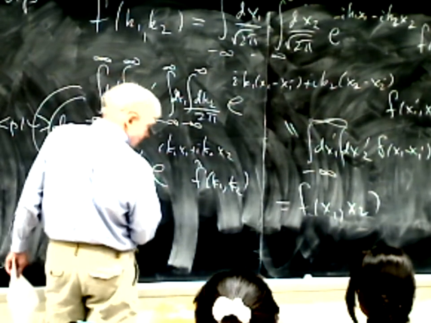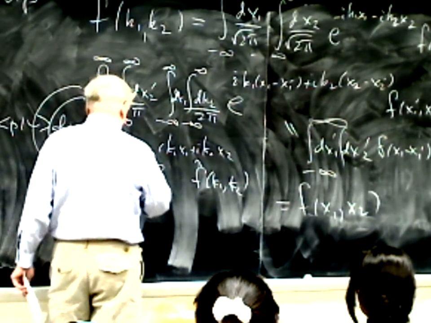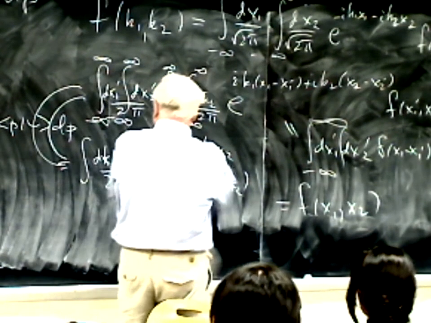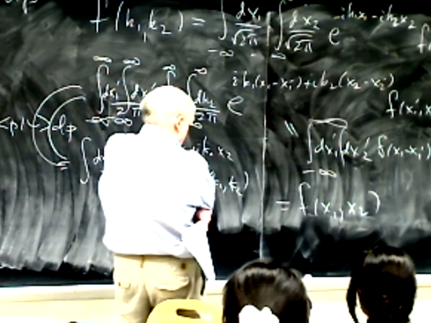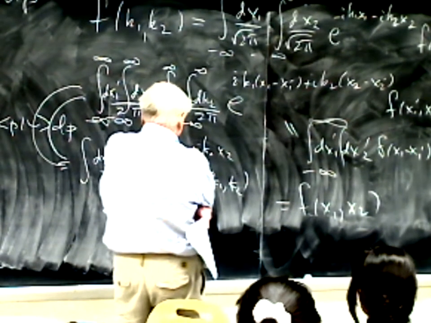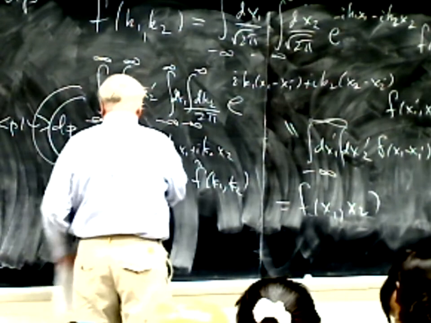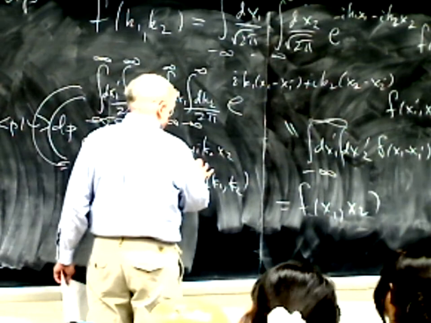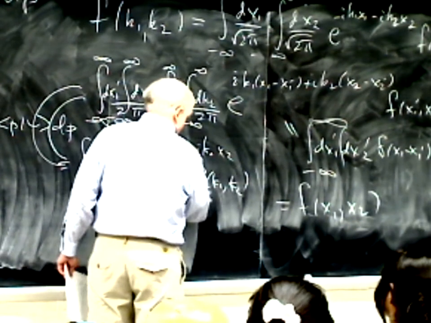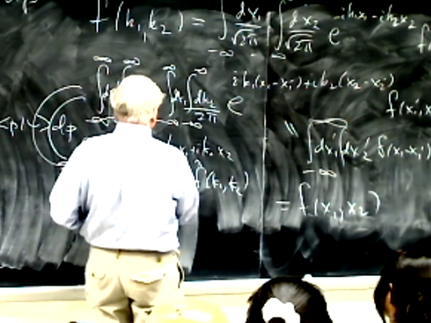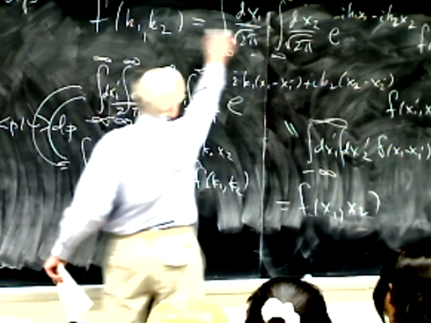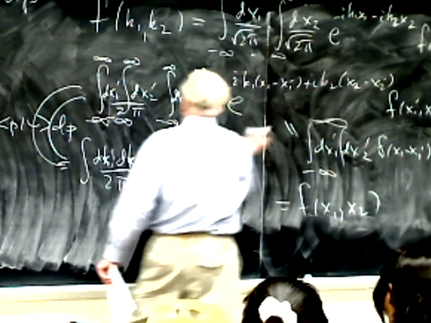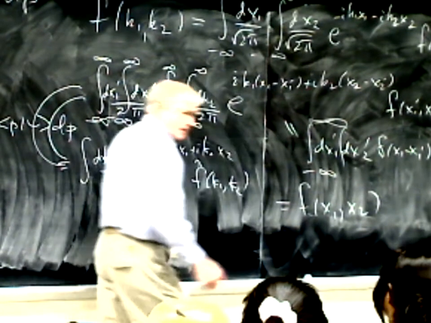So the inverse Fourier transform for two variables, f of x1 and x2, equals the integral dk1, dk2, e to the i k1 x1, e to the i k2 x2, f hat of k1, k2, which in turn is using this formula for f hat of k1, k2, but using primes on the x's gives you the rest of this thing. All right?